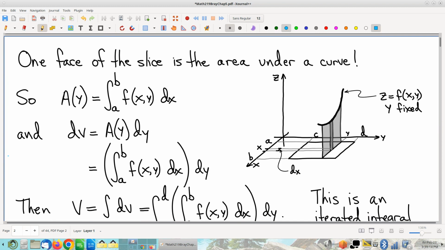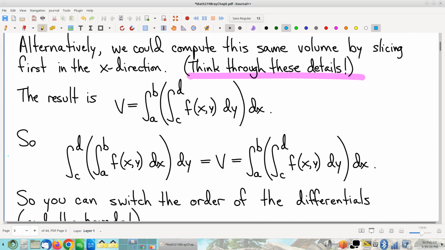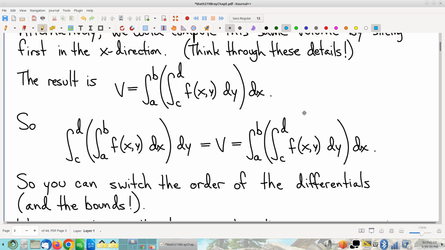Then you would have a cross-section going the other way, compute the area of that cross-section, and then you'll find your dy integral inside of your dx integral, and it would end up being this. Okay, so think it through. Nice little exercise, good practice. Give it a shot.